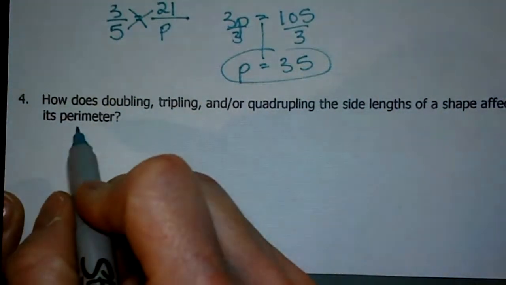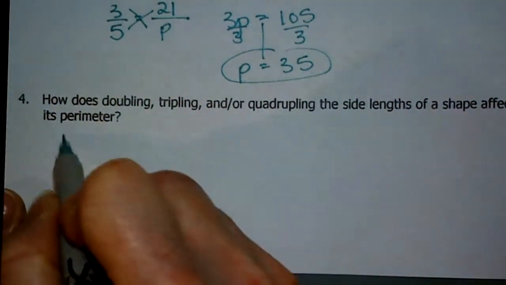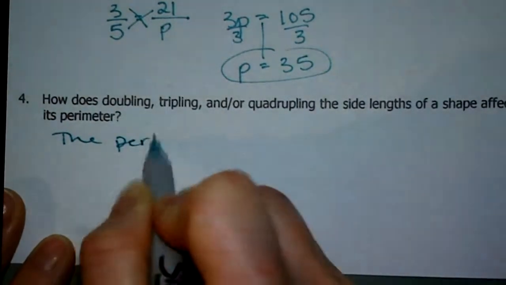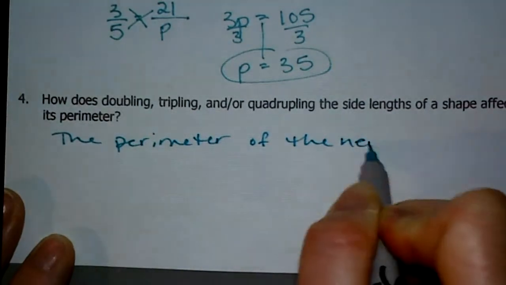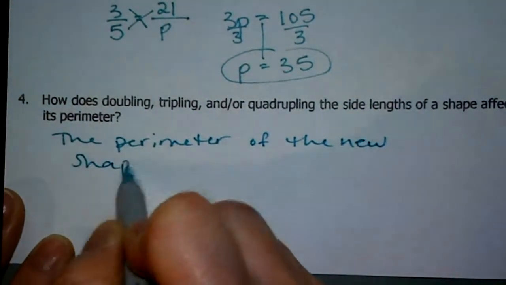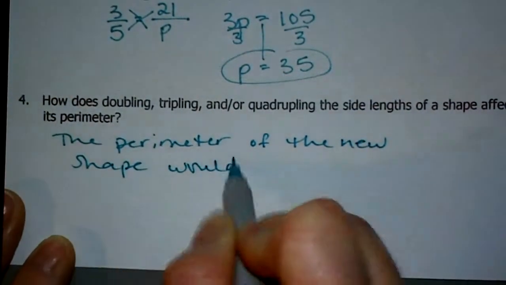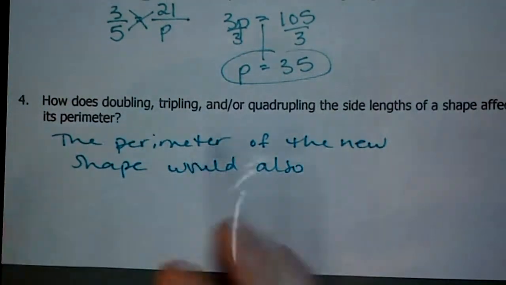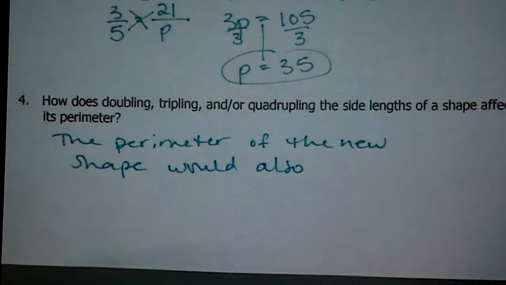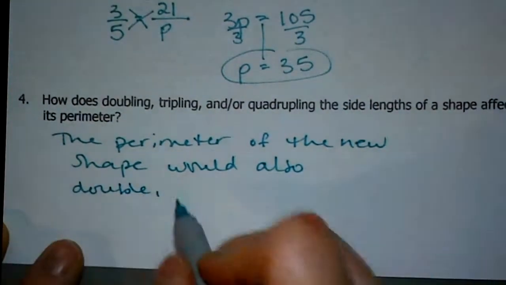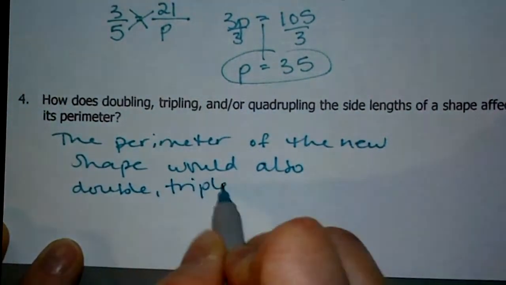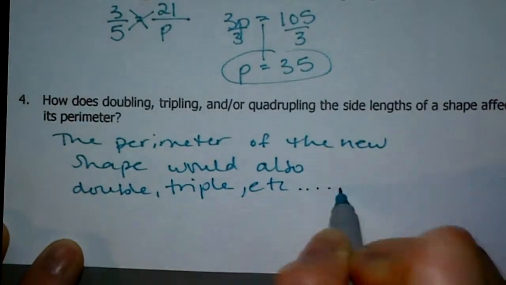So in order to answer this, I would just say the perimeter of the new shape would also, so if I have this shape and then I choose to double, triple, or quadruple the side lengths, the perimeter of the new shape is also going to double, triple, quadruple, etc. I'll just throw it right there.